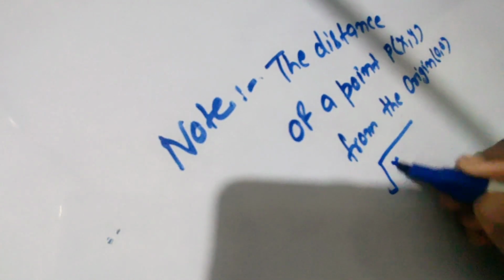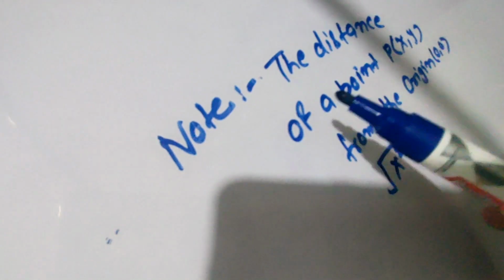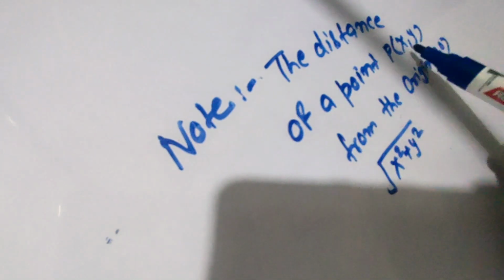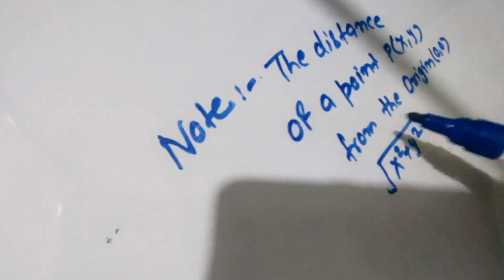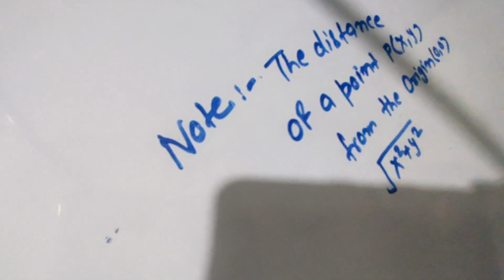If the origin is given and the point x comma y is given, then the distance is under square root x square plus y square.